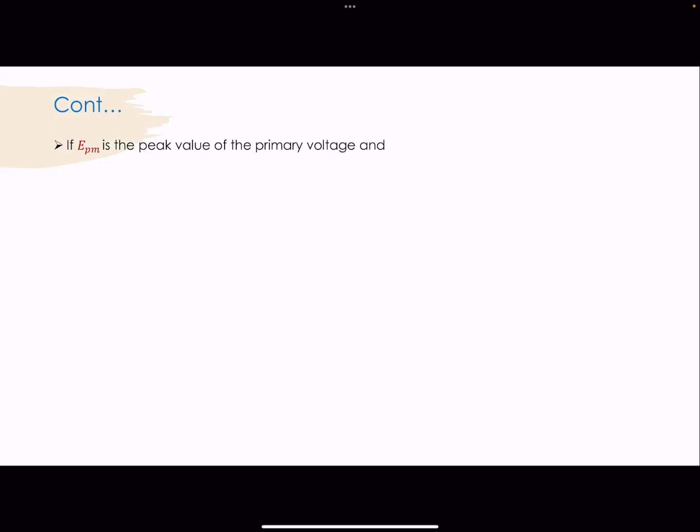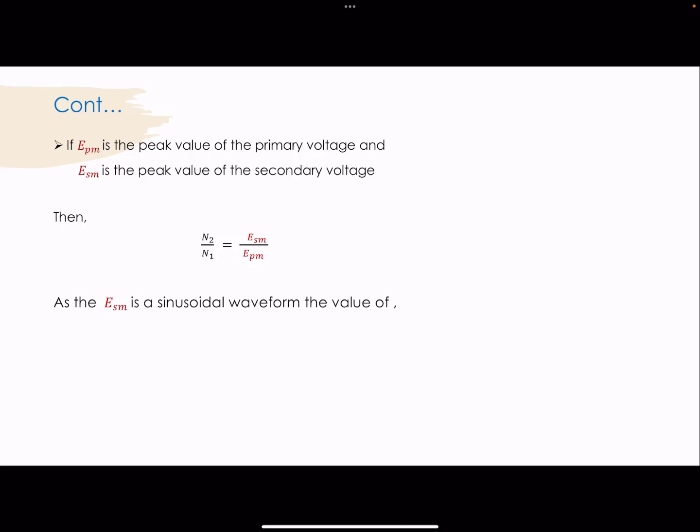If EPM is the peak value of the primary voltage and ESM is the peak value of the secondary voltage, then the ratio of number of turns N2 by N1 is equal to ESM by EPM. And as the secondary voltage is a sinusoidal waveform, the value of ES is equal to ESM sin omega t, where omega is equal to 2 pi f, in which f represents the supply frequency.